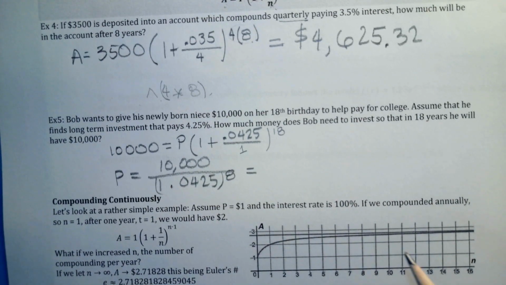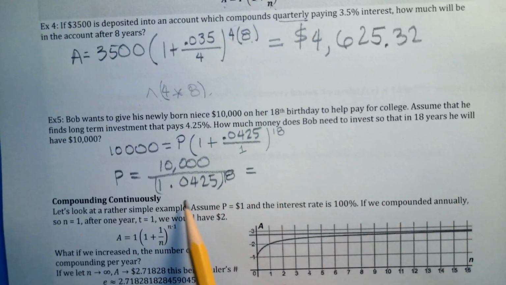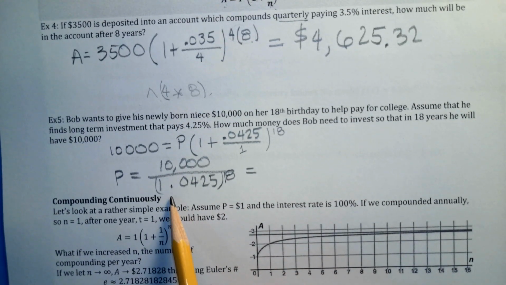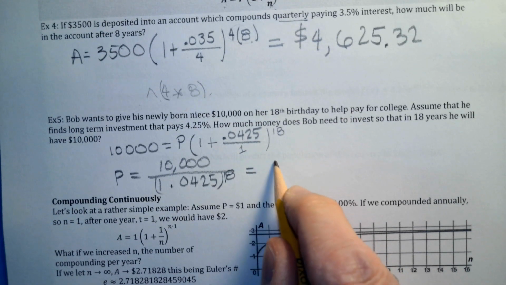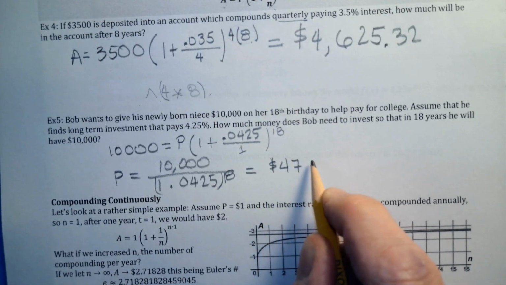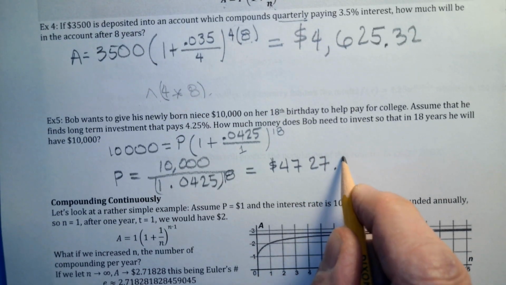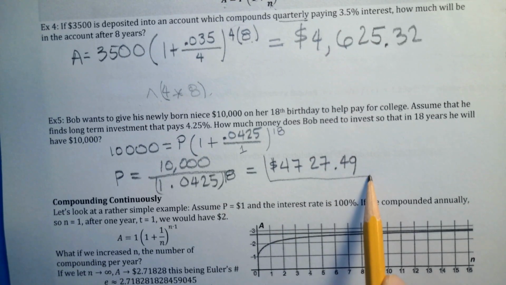So again, that's kind of just calculator work. You can put all that into your calculator. And again, you should get something like $4,727.49. Again, rounded to the nearest penny.